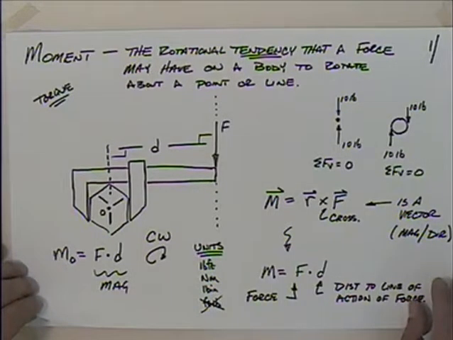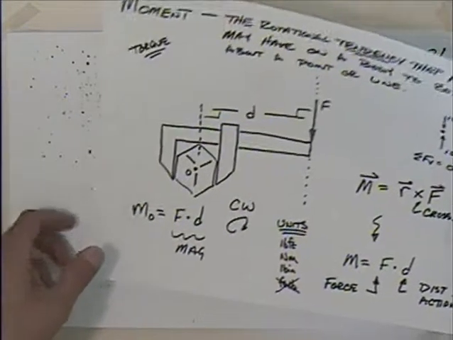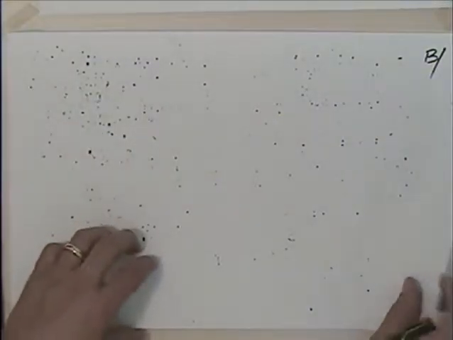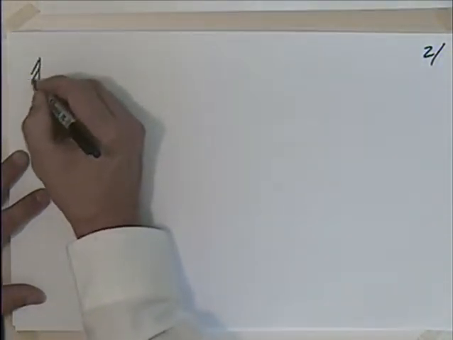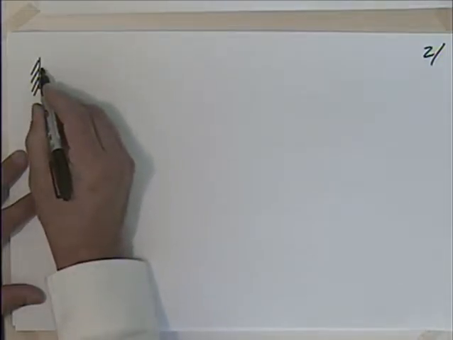Well, with that introduction, let's move on to some very easy examples, conceptual examples I might call them, to make sure that we have this concept at hand. So let's try something like this, maybe a simple cantilevered beam.